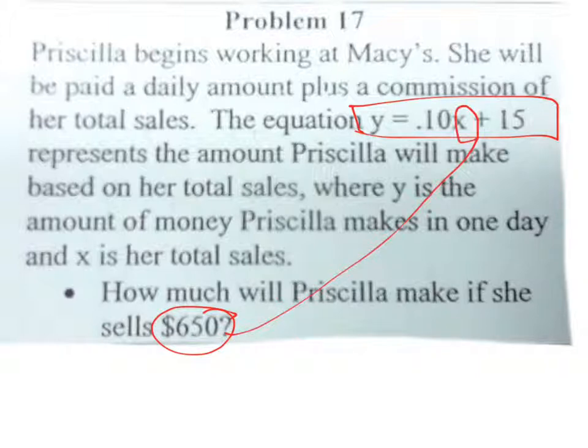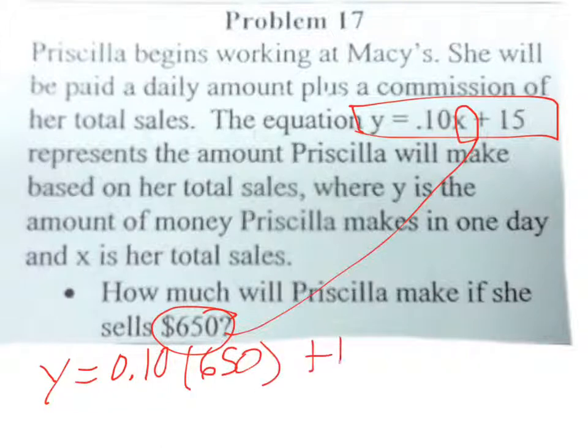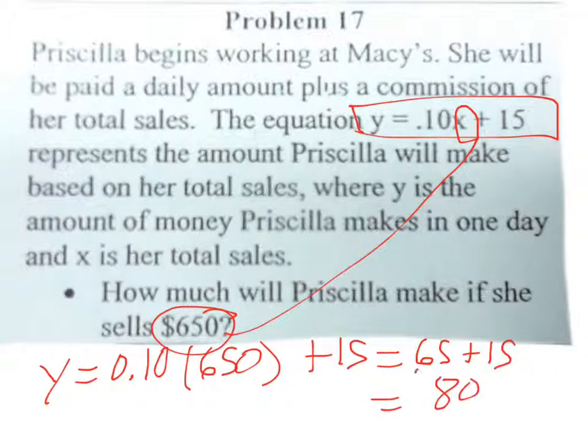So that's going to go where the x is: 0.10 times 650, plus the 15 on the end. 0.1 times 650 is 65. If you add the 15 on the end, you're looking at 80, or $80.